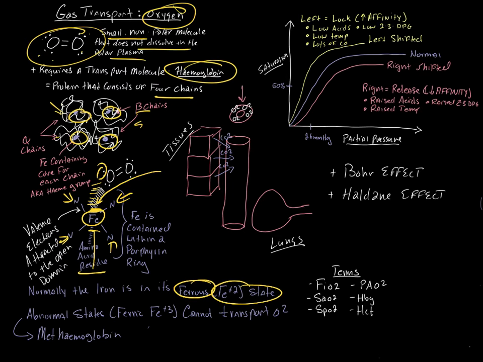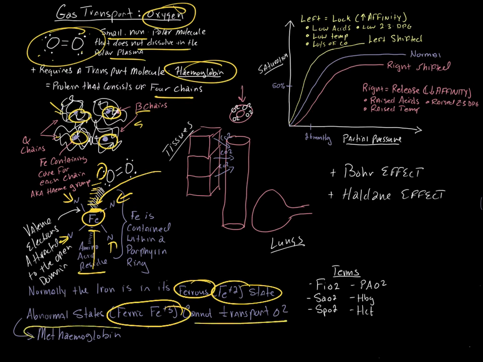So ferrous iron can coordinate with oxygen, but occasionally we can get abnormal forms of hemoglobin. And one abnormal form is what we call ferric hemoglobin, which loses an additional electron. So it's a +3, right? And +3 hemoglobin cannot transport oxygen.